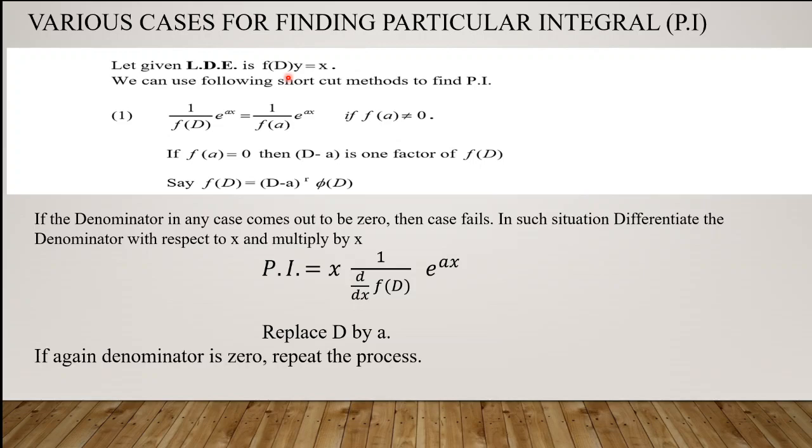The complete expression dny, dn minus 1y, dn minus 2y, etc. along with the constant coefficients is totally written as f of D. What is taken common as y? What is the RHS of the differential equation? X. So in general I will write this as f of D into y is equal to X.